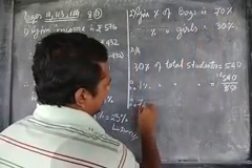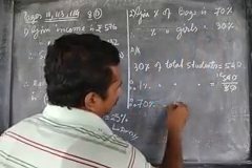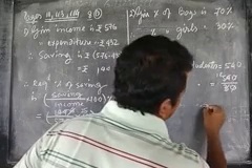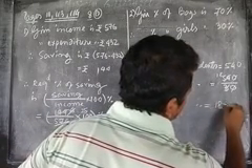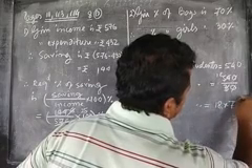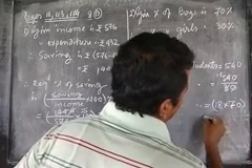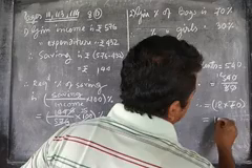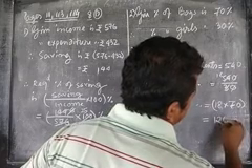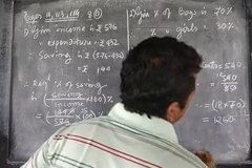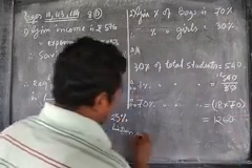So 70% of total students equals what? 18 into 70. 18 sevens are 126, so 1260.